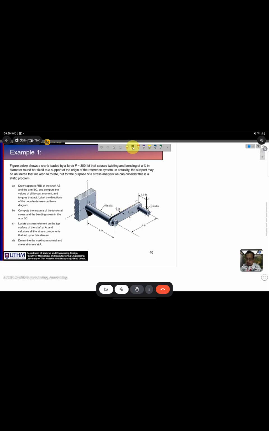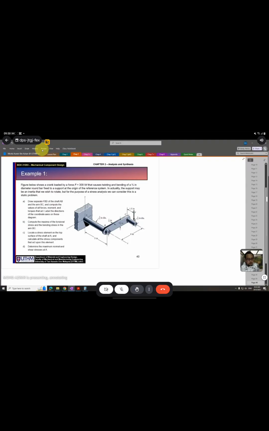Okay, so we draw the free body diagram. Just draw a straight line. Okay, so this is arm BC.